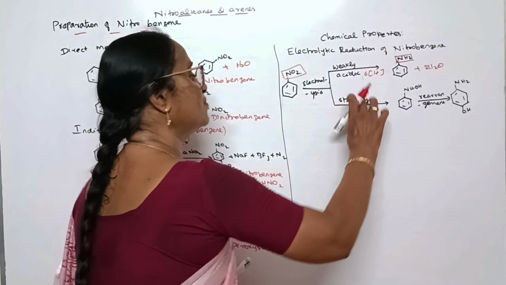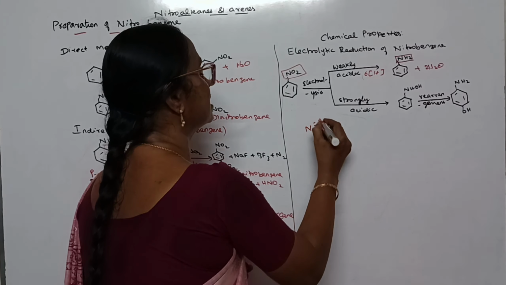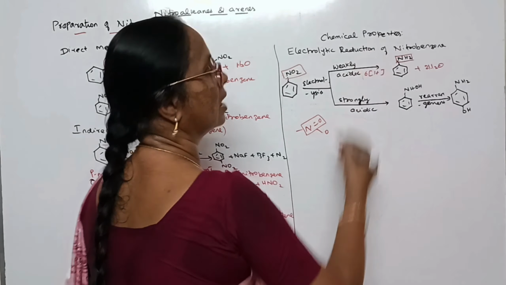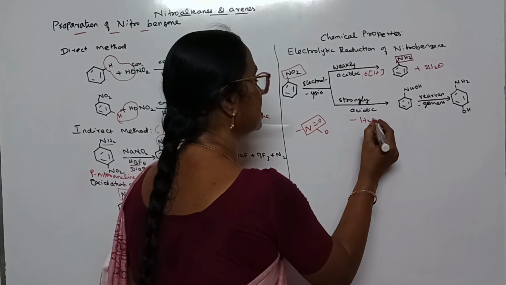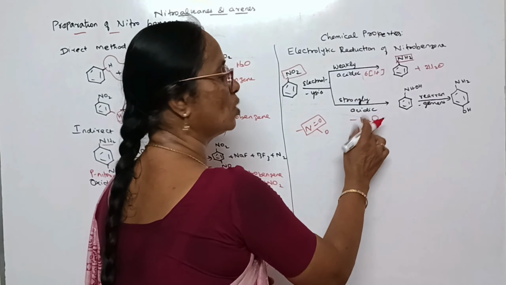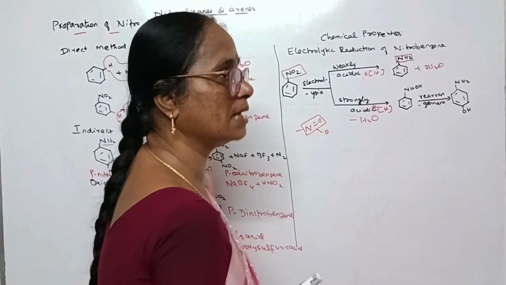But in the case of strongly acidic medium, the NO2 group we can represent as N=O with another O. So only the NO group gets reduced to NHOH and this oxygen is left as minus H2O. So totally H2 plus 2 hydrogen. This reaction involves 4 hydrogen atoms.